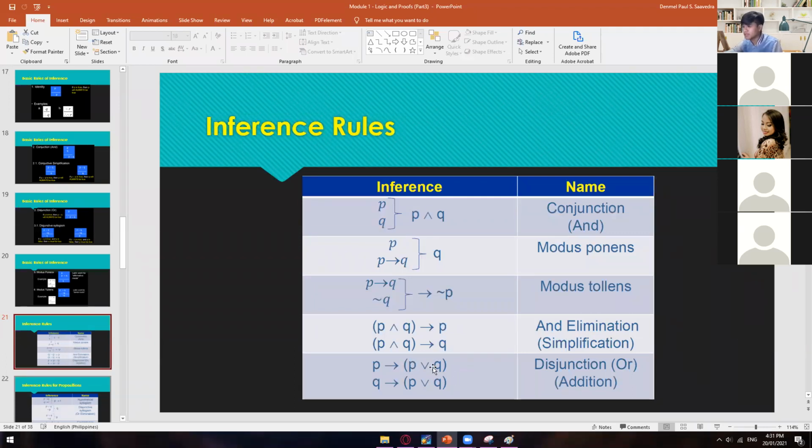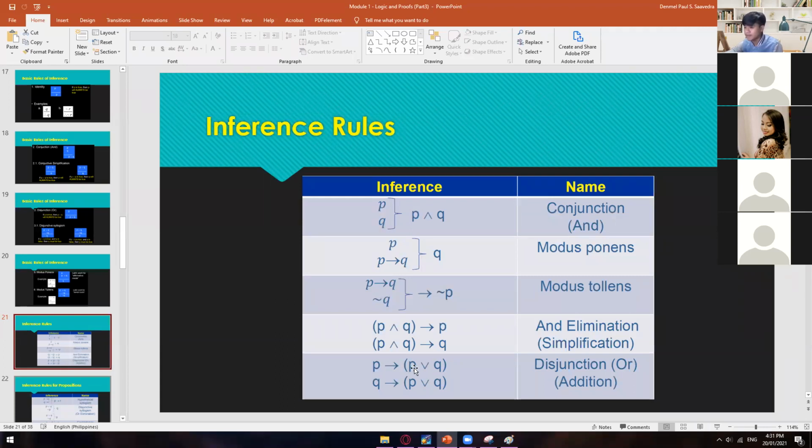Then we have here disjunction. P or Q. In disjunction, it is just saying that this P could result in P or Q, because regardless of the value of your Q, P is always true.